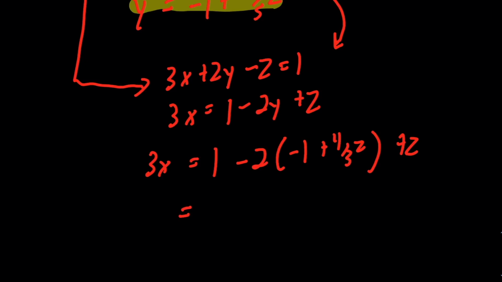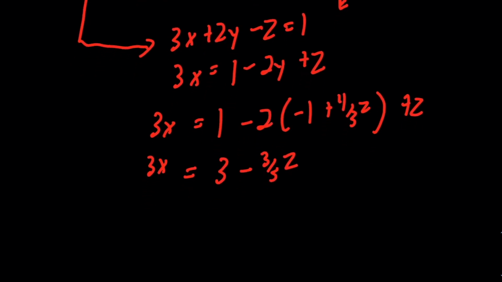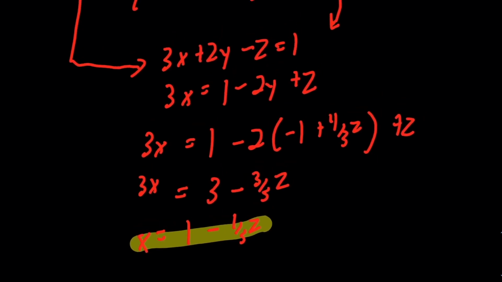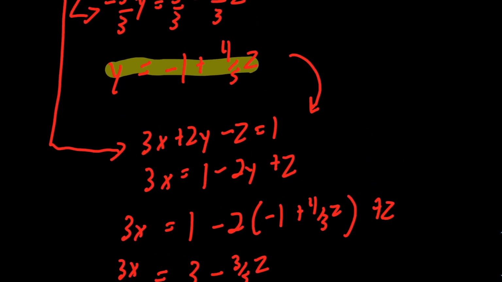Let's distribute the negative 2 and then add like terms. As a result, you get 3 minus 3/5 times z, all of which is equal to 3x. We can then divide both sides by 3 to isolate x, and we get 1 minus 1/5 times z. So over here we have x equal to 1 minus 1/5 times z, and we also have y.